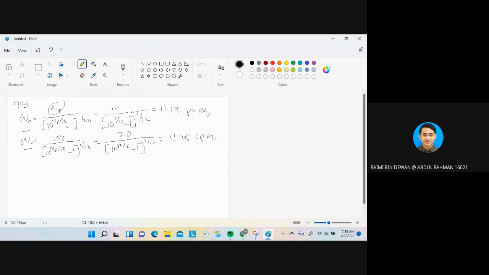So for omega c equals 11.19, the alpha s is what? Equal to this.